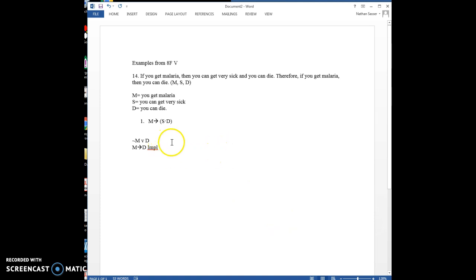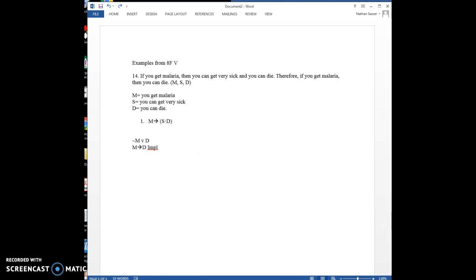So now I'm going to start thinking forwards from my premise, instead of backwards. What can I do? What rules can I apply to this premise? The first one that I see is implication.